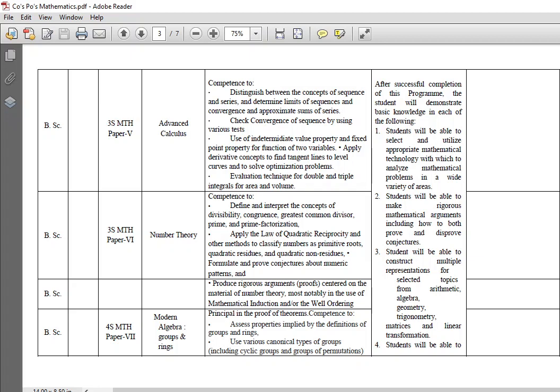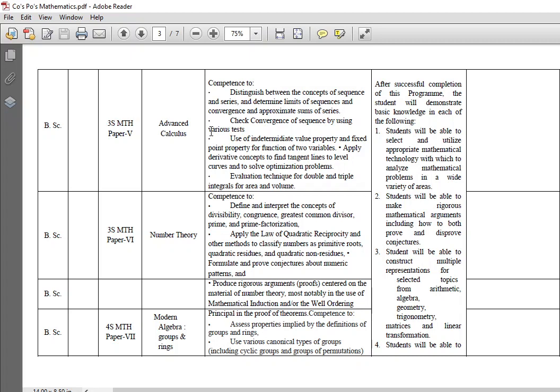As discussed, all the students of Part 2 know about the papers in each semester. Here in semester 3 we have paper 5 and paper 6, that is advanced calculus and number theory. So what are the course outcomes of the paper advanced calculus?